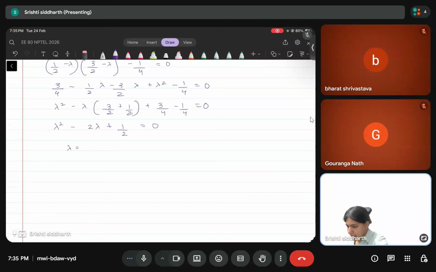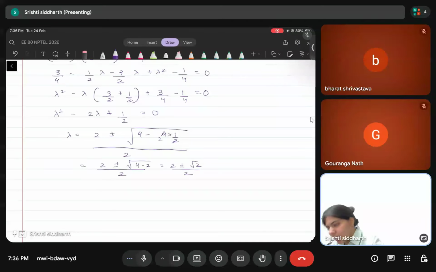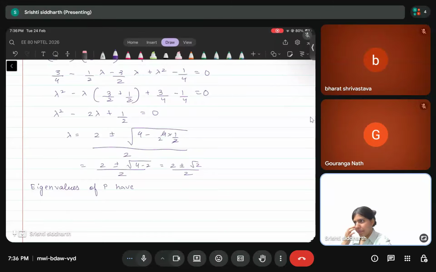So lambda is 2 plus minus... okay. So the eigenvalues of P have positive real parts, strictly positive.